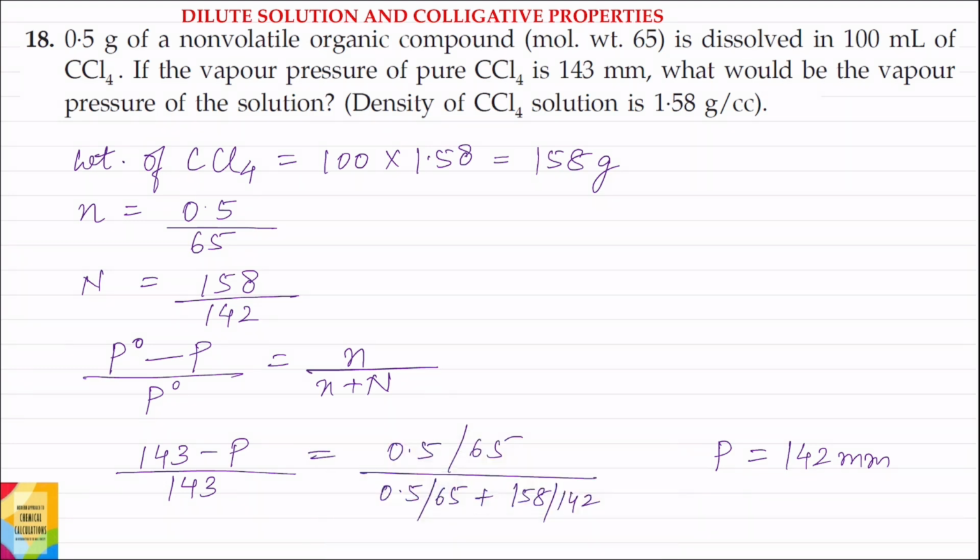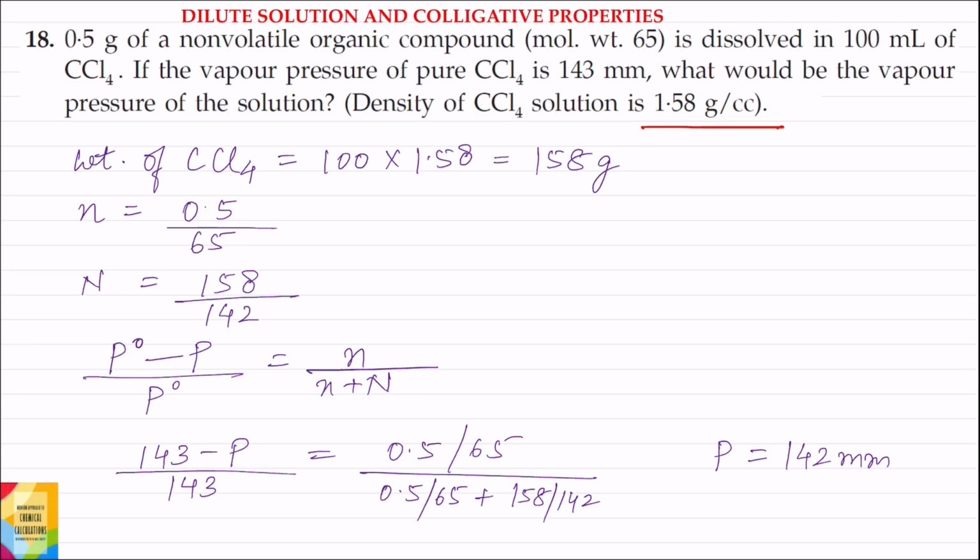Question 18. 0.5 gram of a non-volatile organic compound, molecular weight 65, is dissolved in 100 ml of CCl4. If the vapor pressure of pure CCl4 is 143 millimeter, what would be the vapor pressure of the solution? Density of CCl4 solution is 1.58 gram per centimeter cube. Now the solvent here is carbon tetrachloride.